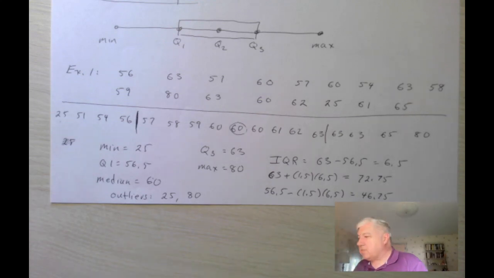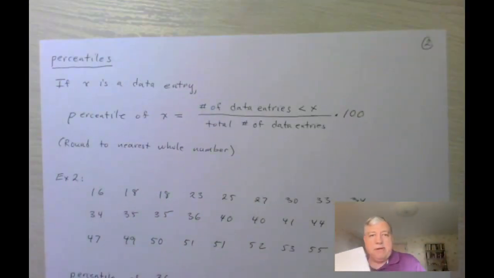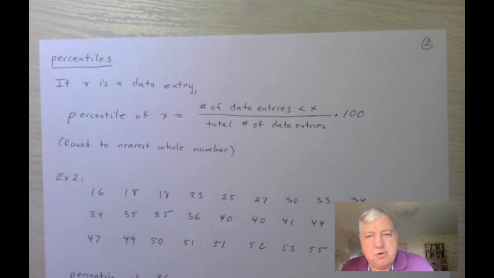So that's how quartiles work. Percentiles, maybe you've heard of these before, and I want to clear up some misconceptions. If x is a data entry, the percentile of x is the number of data entries that are strictly less than x divided by the total number of entries, and then that fraction is multiplied by 100.